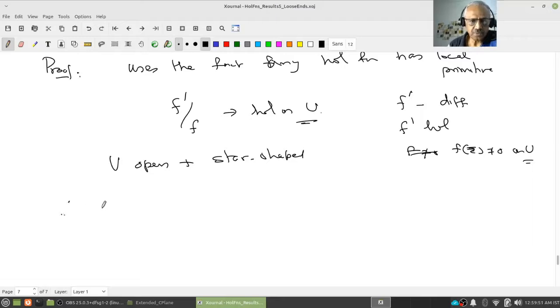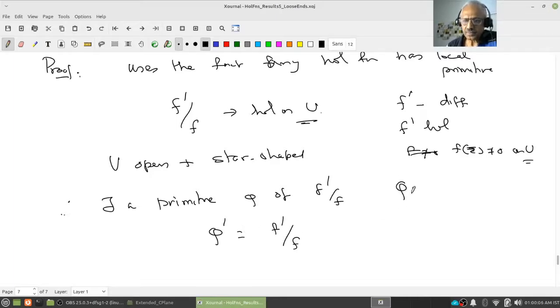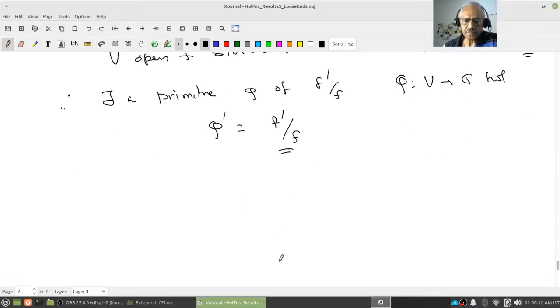Therefore there exists a primitive phi of f dash by f. What does that mean? Phi dash is f dash by f. That there exists a holomorphic function so that phi dash equals this. This is the meaning of primitive. Pause, review, proceed.